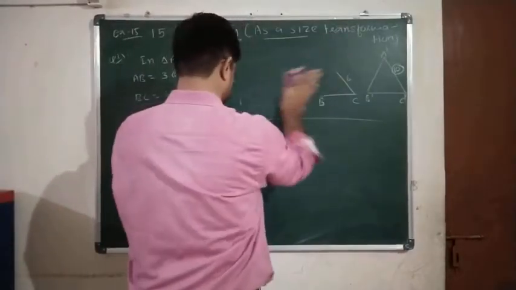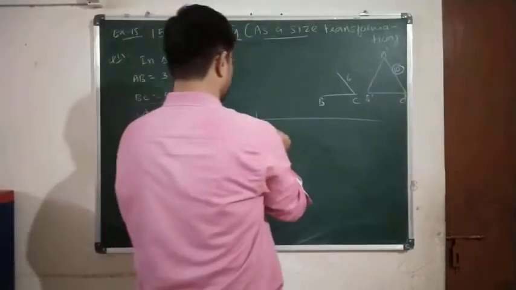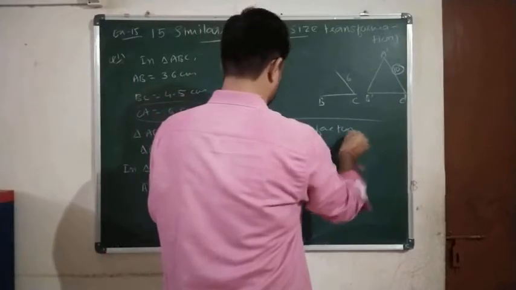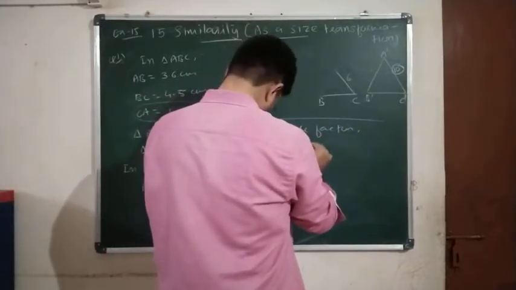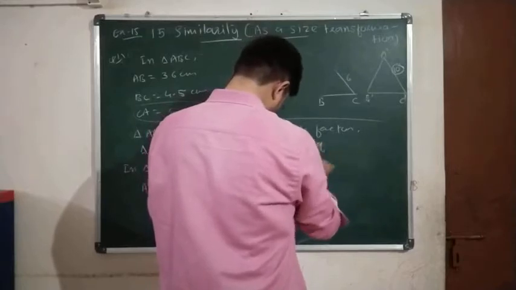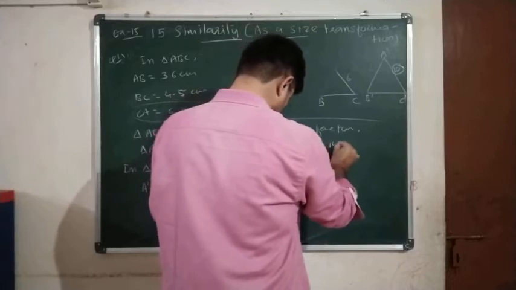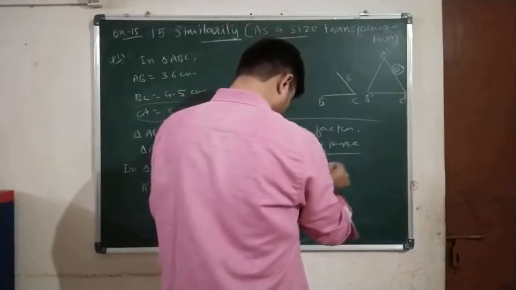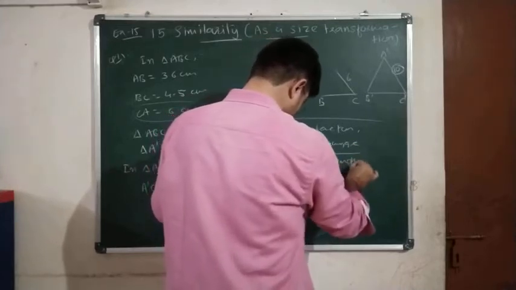Therefore scale factor K is equal to length of image upon actual length.